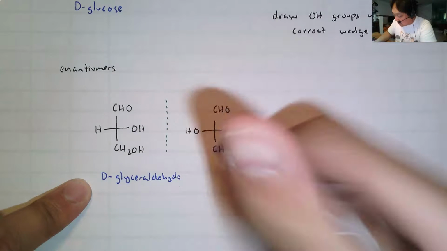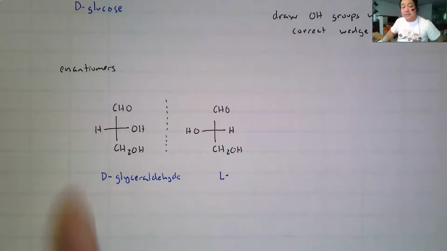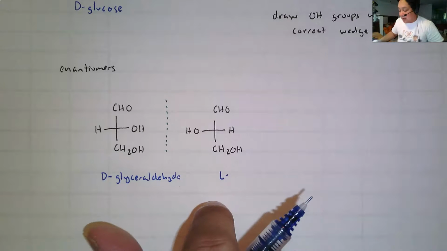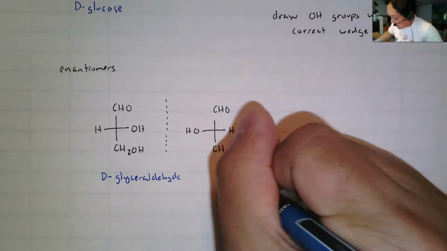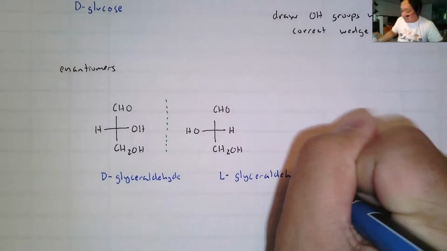This is called L. And if you draw the enantiomer of a monosaccharide, you go from D to L, and you keep the name, L-glyceraldehyde. Okay?